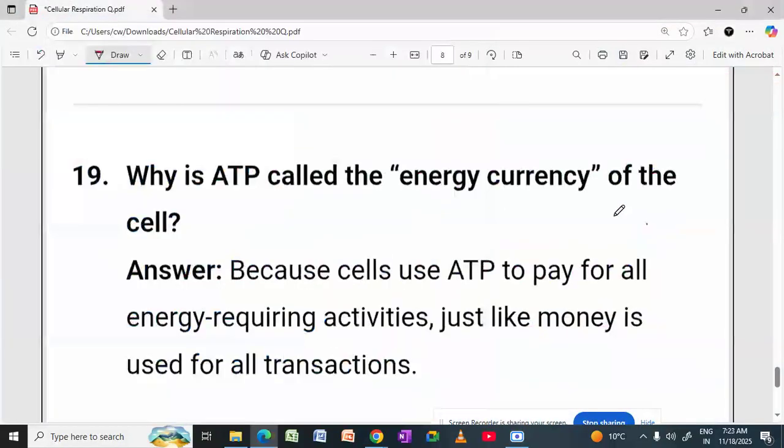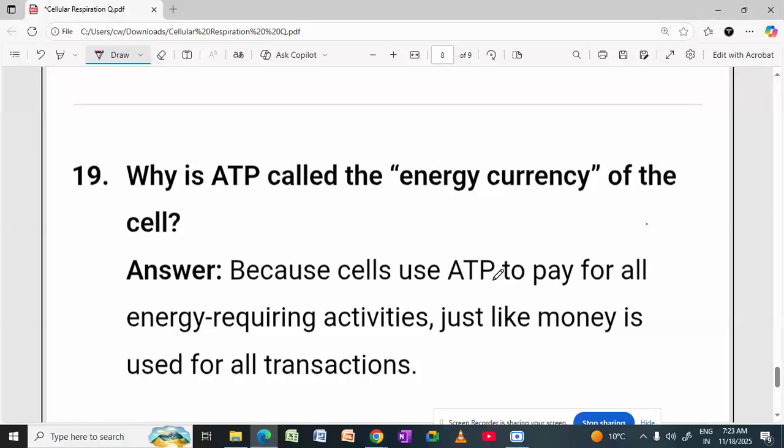Our next question is, explain why ATP is called the energy currency of the cell. Because all the cell activities use ATP to pay, as it is the energy currency. The name itself indicates it, because cells use ATP to pay for all the energy-requiring activities, just like money is used for all transactions.